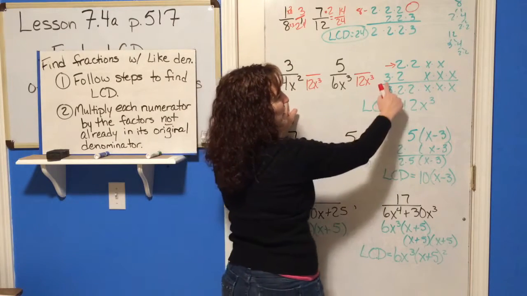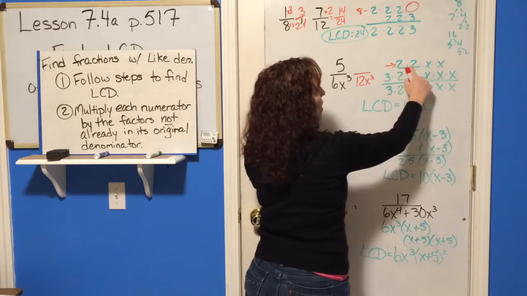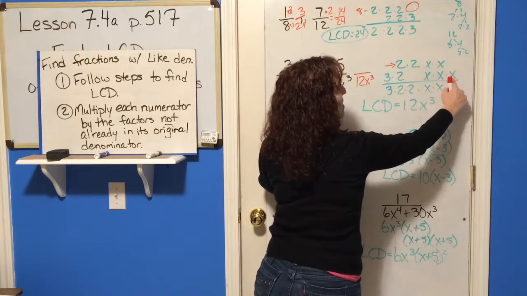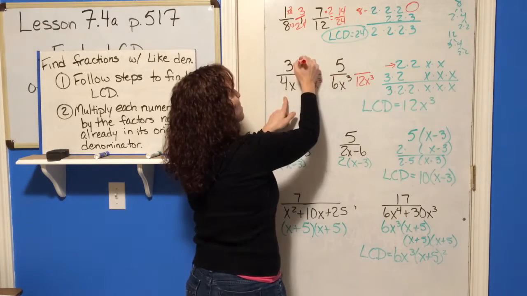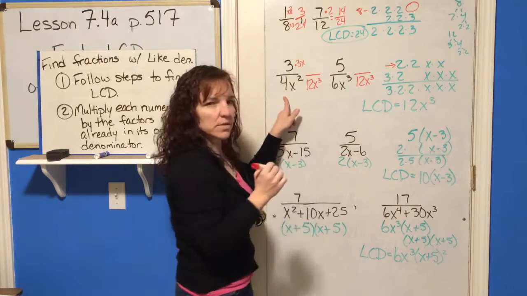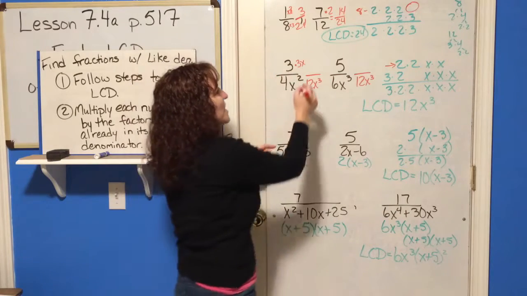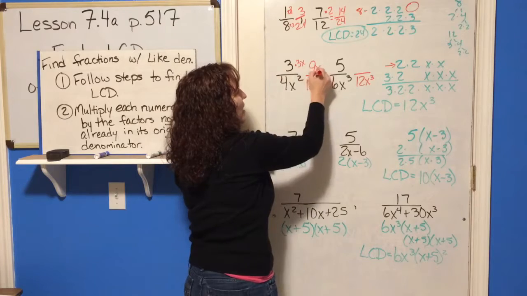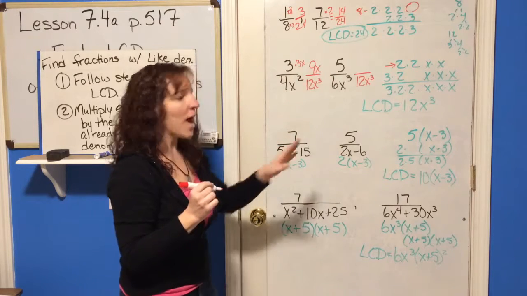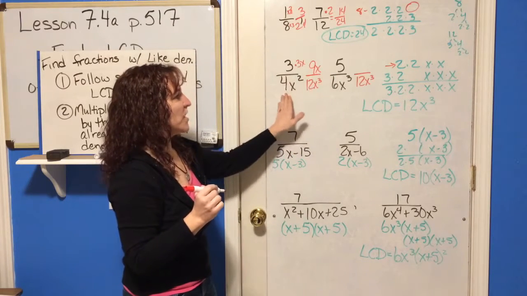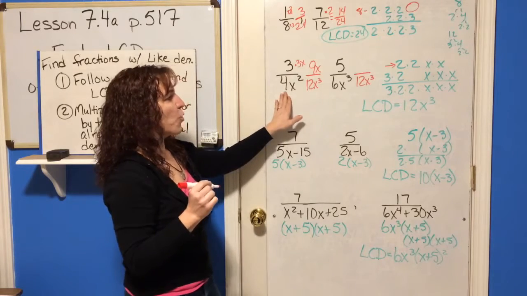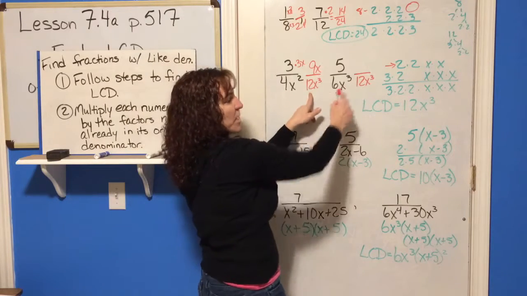And the things that are missing are a 3 and an x. So you need to multiply this by 3x. So 3 times 3 is 9, times x is 9x. And now you have a fraction that is equivalent to 3 over 4x squared, but it'll have the same denominator as this one.